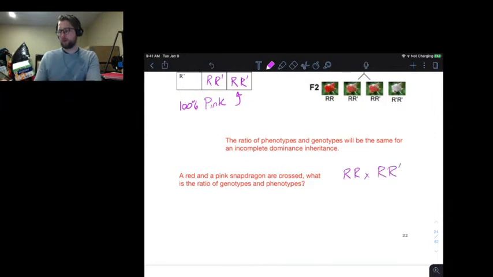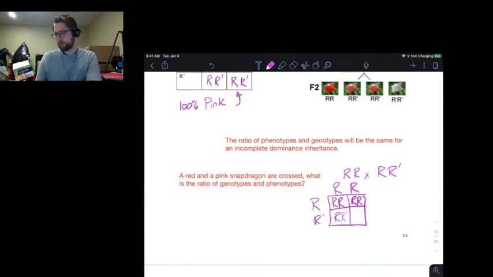We would do a simple cross with one parent on top, the other parent to the right, and the result is taken from the top and from the left.